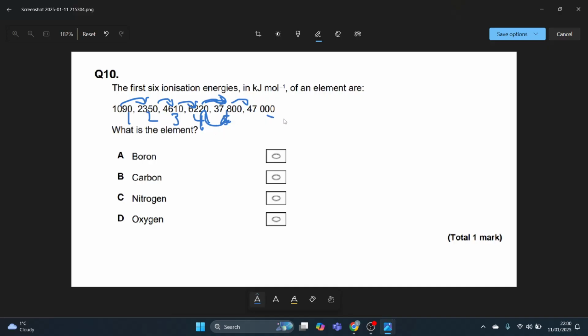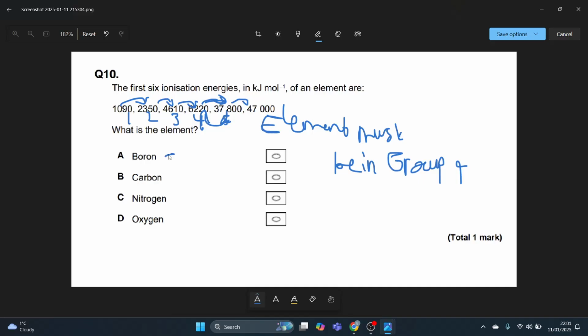So that tells me the element must be in group 4. Now just look at boron. Boron is in group 3. Carbon is in group 4. Nitrogen is in group 5. Oxygen is in group 6.